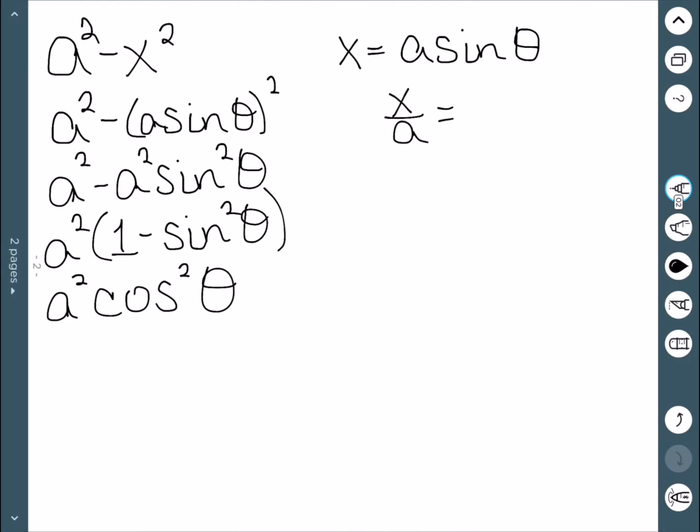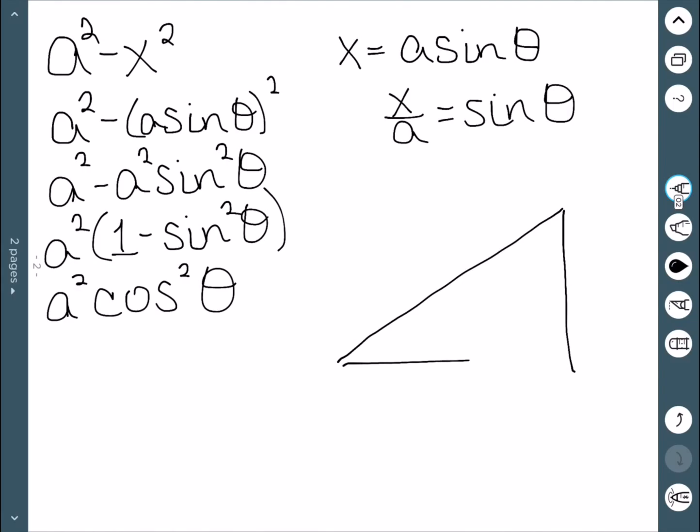Once we integrate this, we're going to want to substitute things back in terms of x. And to do this, we'll have to really think about what trig functions are. If I have my angle theta, sine is opposite over hypotenuse. And in this case, x was equal to a sine theta, so sine theta is x over a.